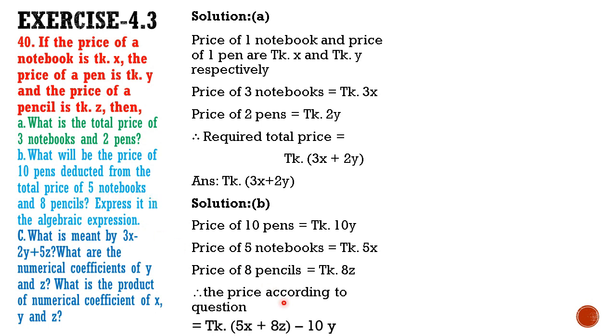That's why we will add 5 notebooks and 8 pencils, so it is 5x plus 8z, and the price of 10 pens is deducted from the total price. Deducted means subtraction, my dear, that's why we will do minus here. So minus 10y. That is the answer according to the question, my dear.